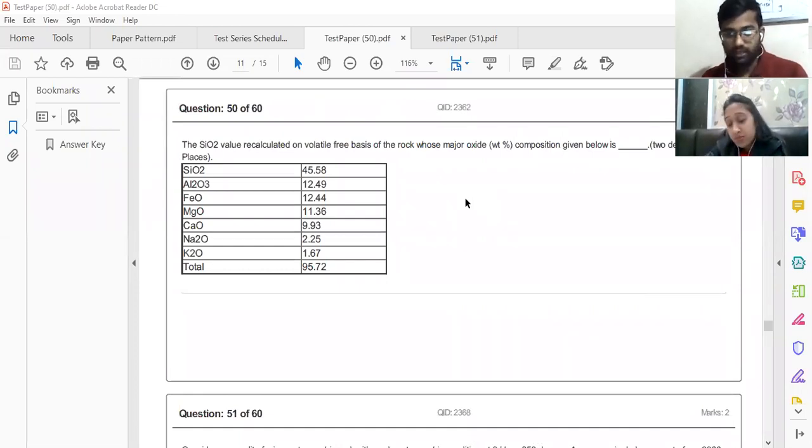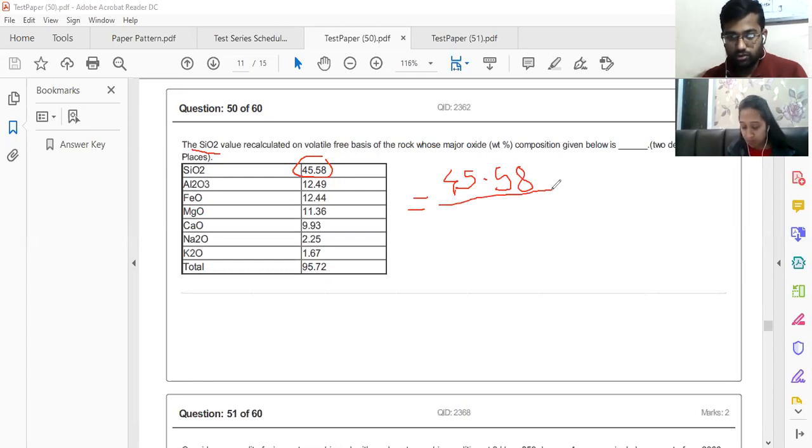Now the SiO2 value is recalculated on a volatile free basis of the rock whose major oxide weight percentage compositions are given below. So you need to calculate the weight percentage of SiO2. Here the concentration of SiO2 is 45.58, so 45.58 out of the total, which is given as 95.70, multiplied by 100.